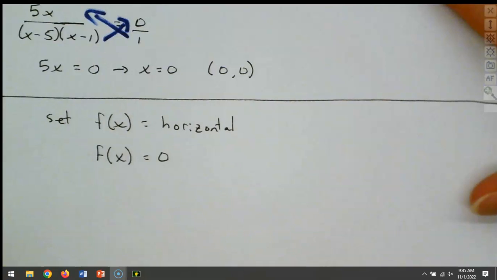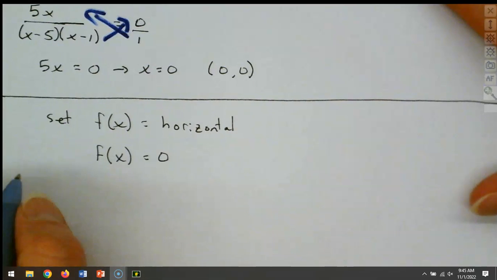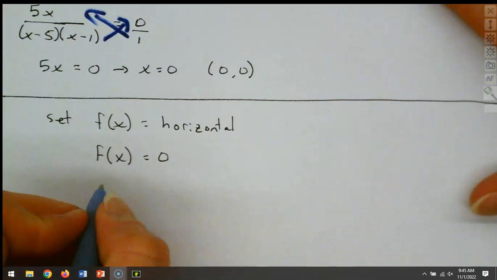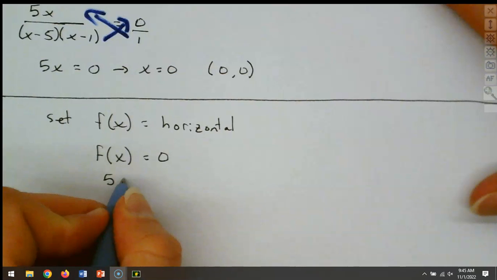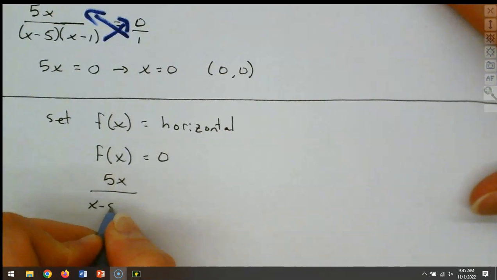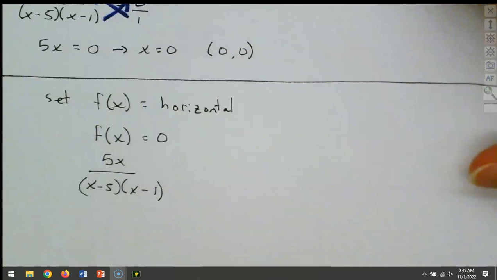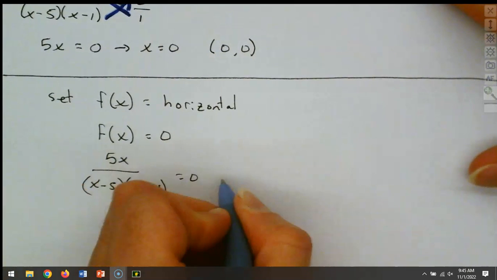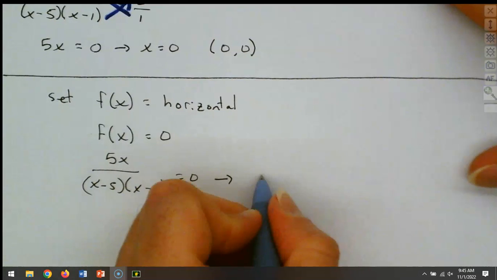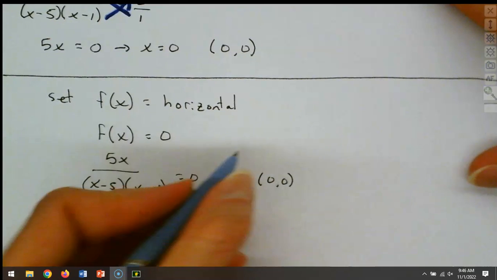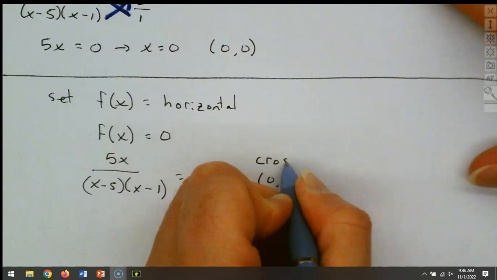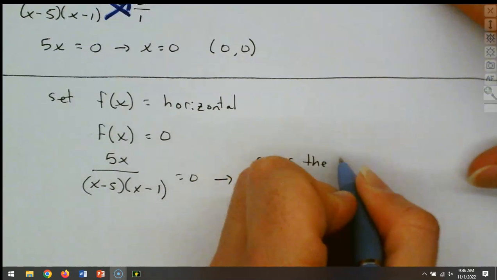Right, we just did that a moment ago. That was the last step that we just did. And that was still equal to 0 again. So that's 0, 0. So that's where it can cross the horizontal.